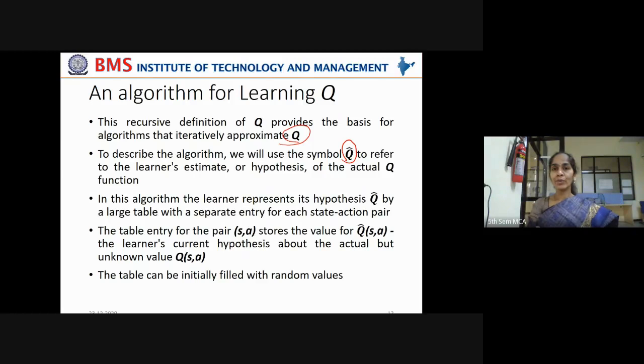Whenever you are estimating or approximating something, some error will be associated with it. So we don't say that Q is the exact value. Q is some approximation. If you want to denote that, you take it as Q cap. Q cap denotes the estimation of the Q value.